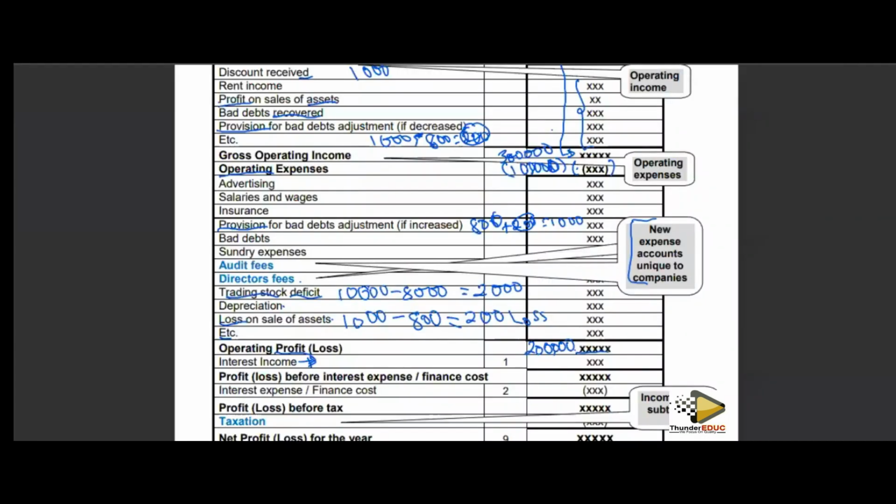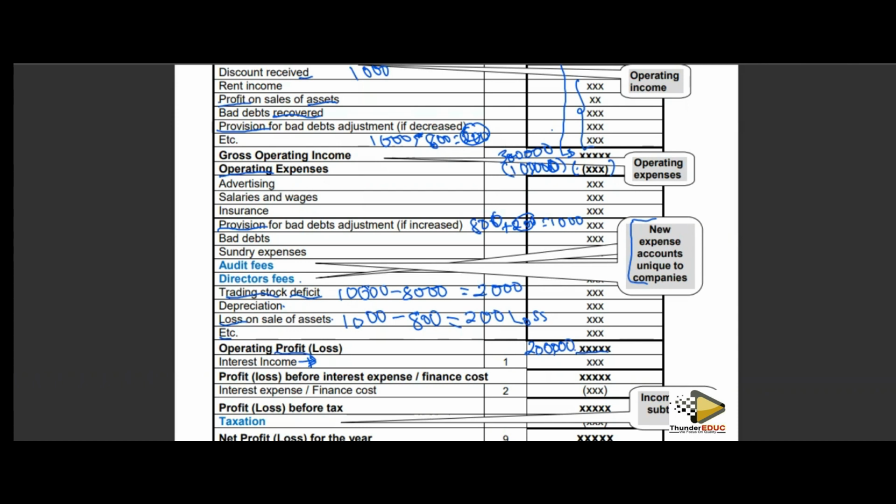So, after determining our operating profit, and we have determined the interest income, it will be given to us. We shall add it to our operating profit.